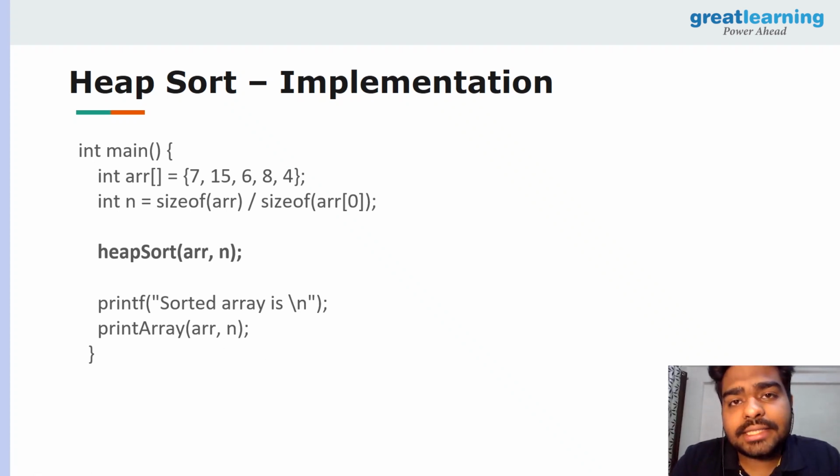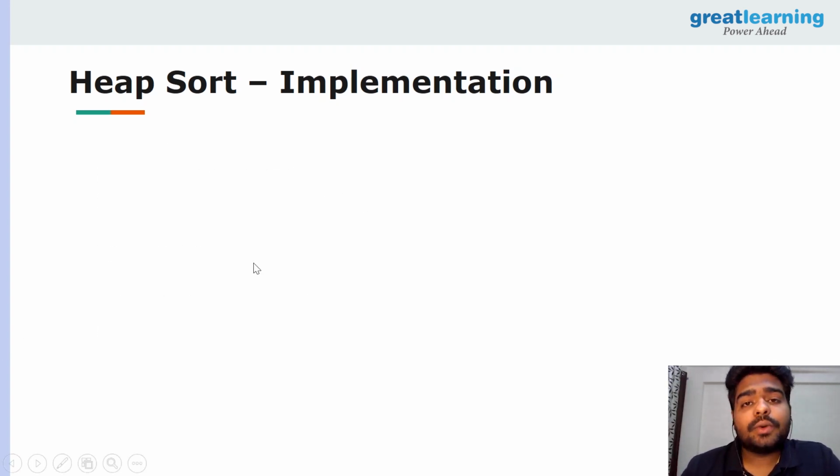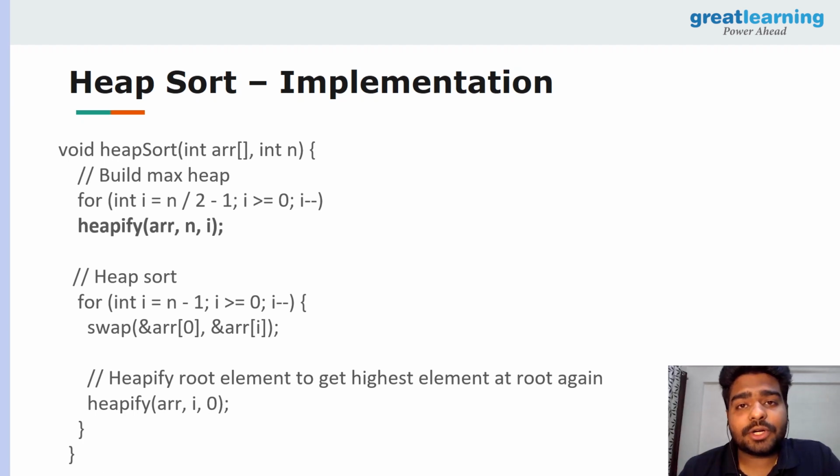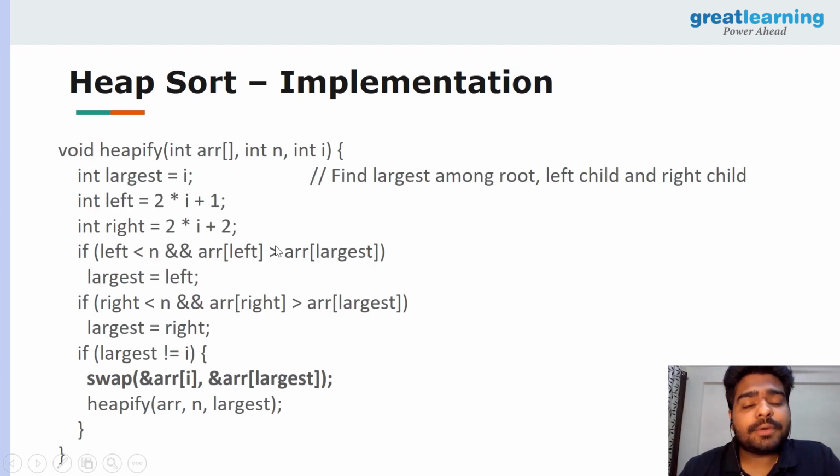Let's first revise what all things we have seen and what is the flow of the program, okay? So first we started with this heap sort, right? The heap sort takes us to this heap sort method. And then we have looked upon this Heapify method. In the Heapify method, we have seen a lot of coding.